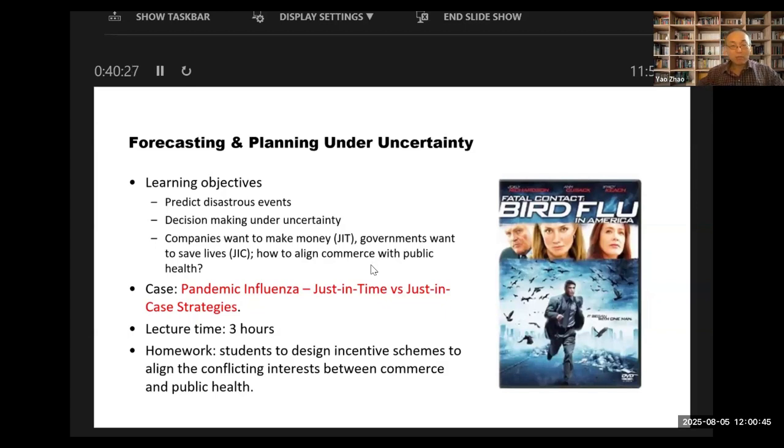The lecture time is 3 hours because you have to cover demand forecasting, production planning, and incentive alignment. The homework is for students to design incentive schemes to align the conflicting interests between commerce and public health.